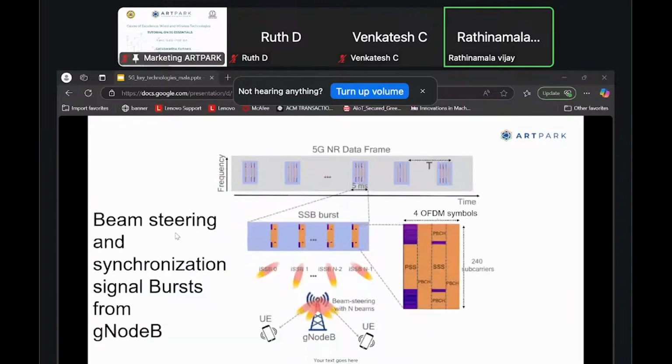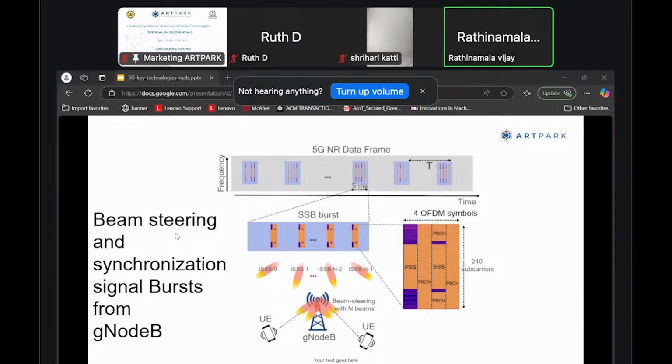So if you look at the 5G NR data frame, it consists of several synchronization signal bursts. The G-node B is constantly sending these data frames, and the UEs are receiving them.